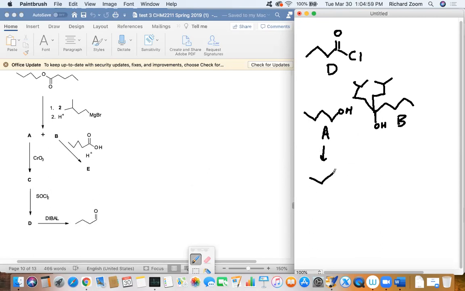Now, if we know that that's A, we can check ourselves here. CrO3 would give the carboxylic acid, which would give D, which we've already got. The carboxylic acid is going to be C, which again you could also get by reverse engineering D as an acid chloride and putting the OH back on. So even if you didn't know what CrO3 did, you could get it by going backwards from D to C. That could happen.